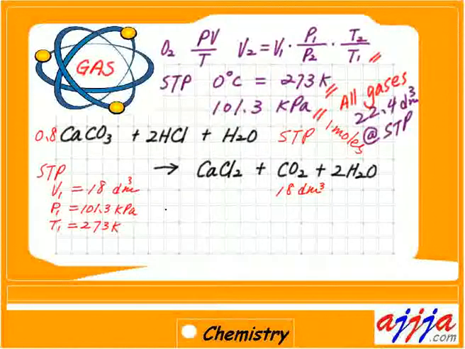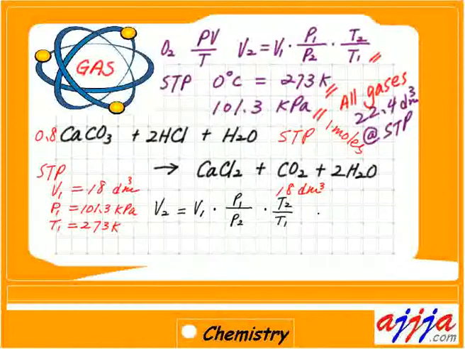So now we are looking for the final volume, V2, which is the first volume V1 times a fraction of pressure, where P1 goes on the top and P2 goes on the bottom. How about temperature? We were talking about this many times already.